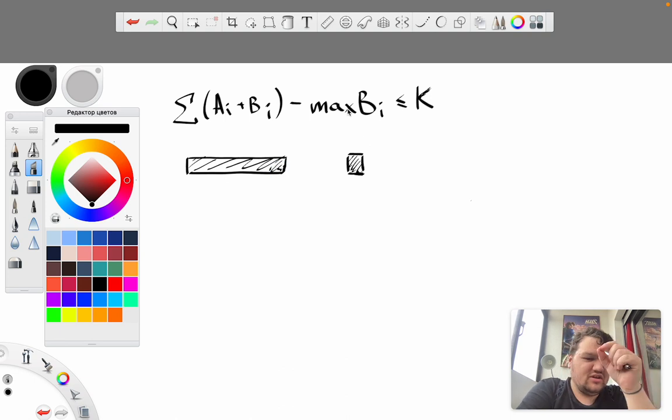We need to think about it this way: for all problems except the last one, we pay a plus b, so we just take the problems with minimum a plus b, and there will be one problem for which we pay a. And if that's not true and we want to take some other problems, it's always good to switch this one for the next one on the prefix.